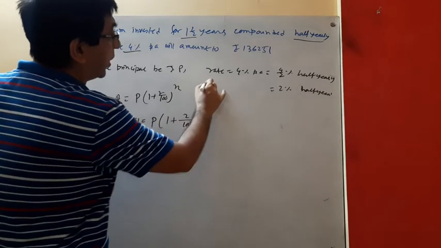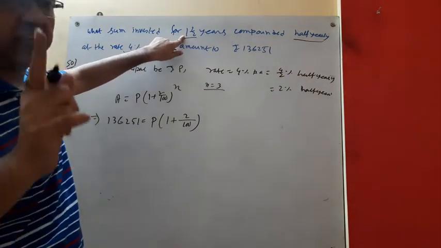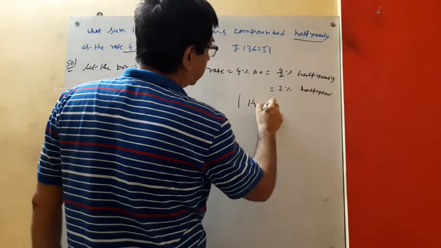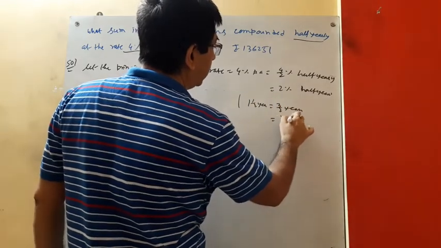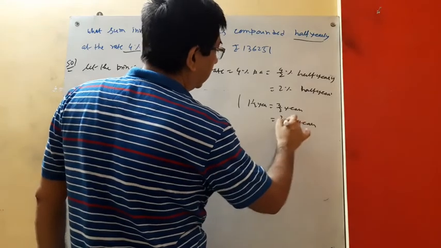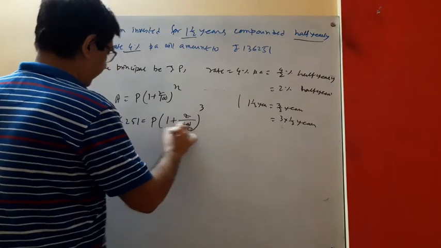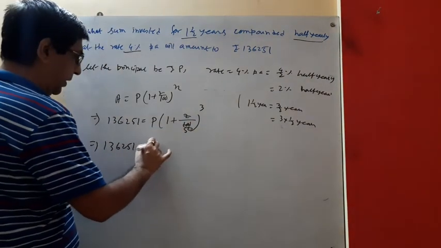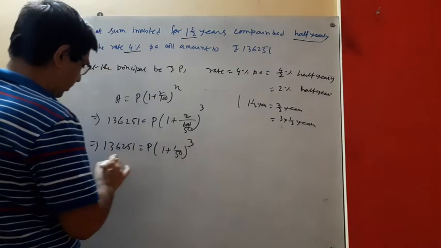Now n, what is n? 1.5 year, that is 3 by 2 year, right? That is 3 into half years. So n equal to 3. 136251 equals P into 1 plus 1 by 50 whole cube.